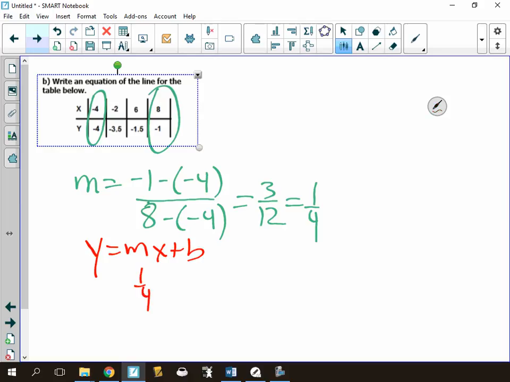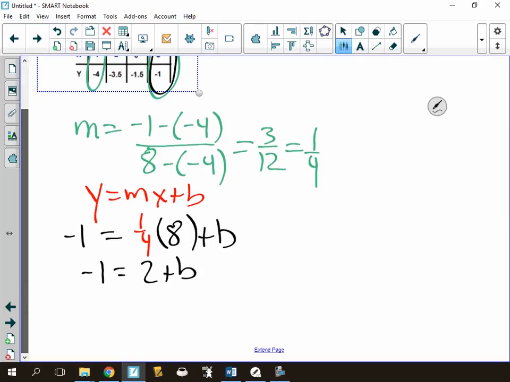And so now I'm just going to pick one of the points. I'll use this one. Y is negative 1 when x is 8. Solve for b, and you get b equals negative 3. So I know my equation is y equals 1/4 x minus 3.